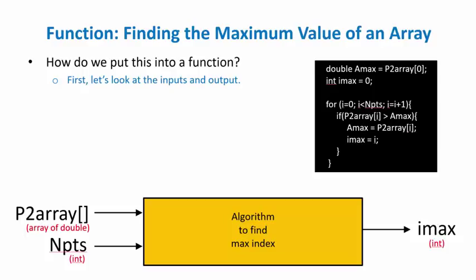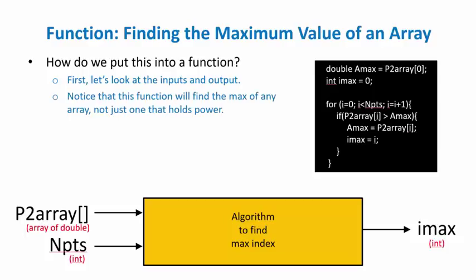Okay, so that's great. But what's interesting about this is that in this application we are looking at power, but we don't have to. This algorithm will work for any array where we're just trying to find the maximum value. So whenever you build a function, you try to make it as generic as possible, because maybe we want to find the maximum resistor value in its array or the maximum current in its array.